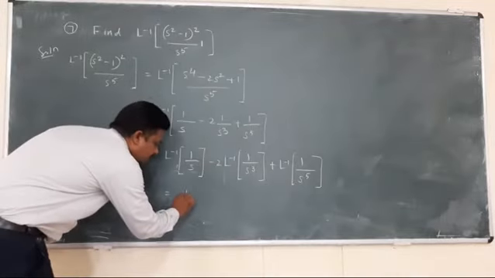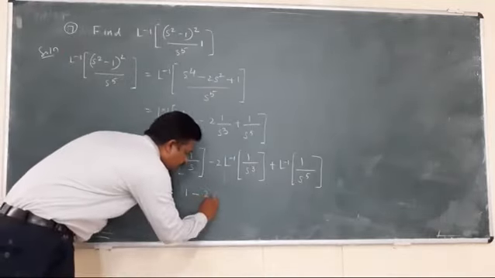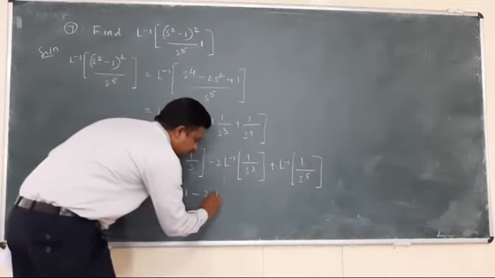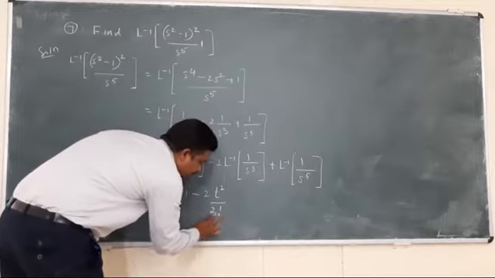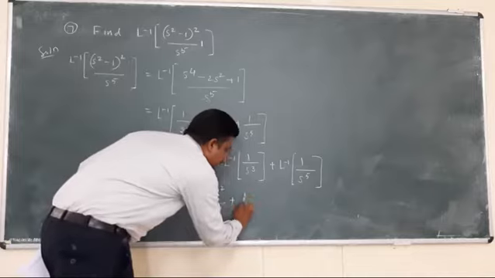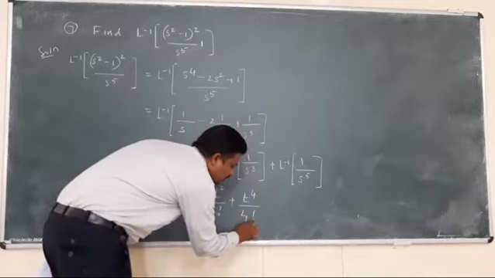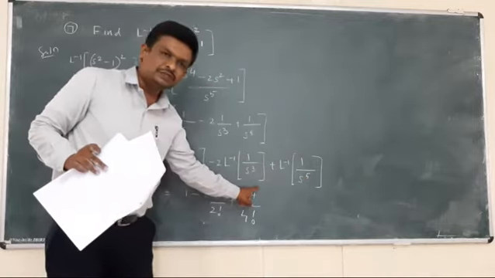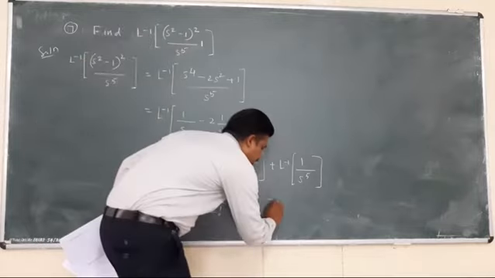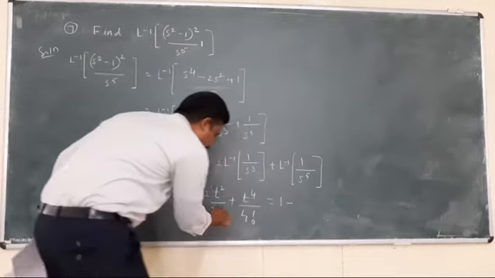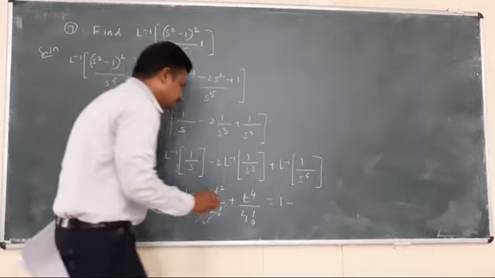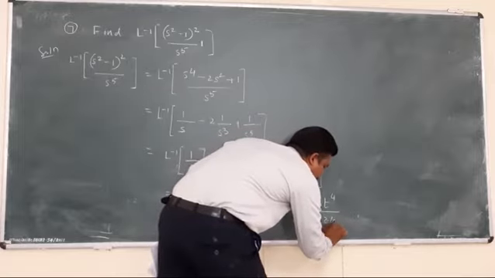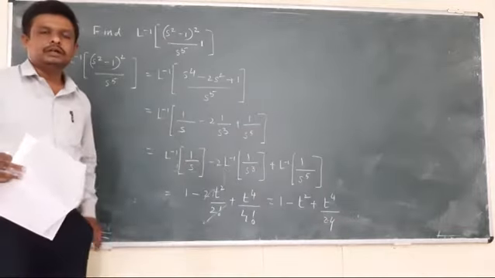So L inverse of 1 upon s is 1, minus 2 into t square upon 2 factorial, plus t raised to 4 upon 4 factorial, because here the value of n is 5, t raised to n minus 1, that is 5 minus 1 is 4, upon 4 factorial. This implies 1 minus, 2 factorial is 2, this 2 gets cancelled, 1 minus t square plus t raised to 4 upon 24. So this is the required answer.